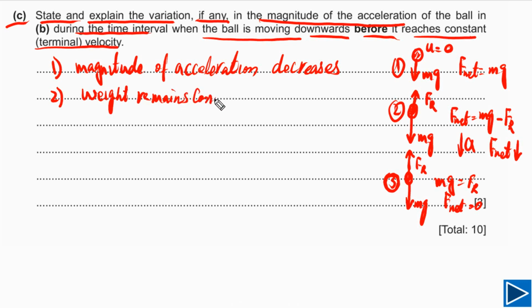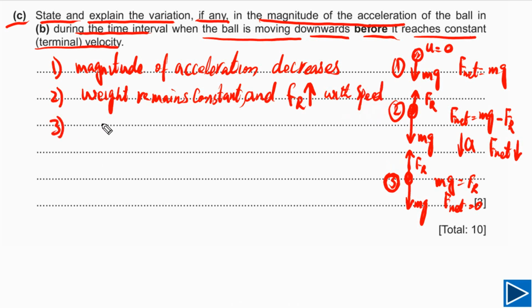So the second point you can write down: weight remains constant and resistive force, meaning Fr, is increasing with speed.